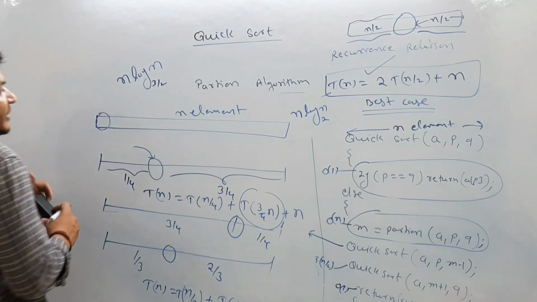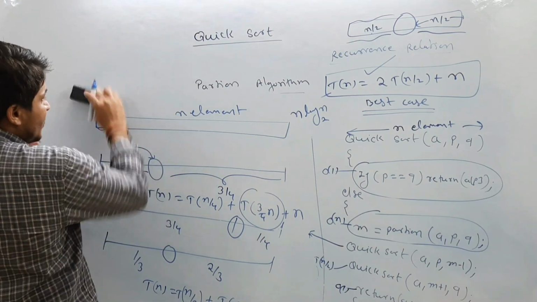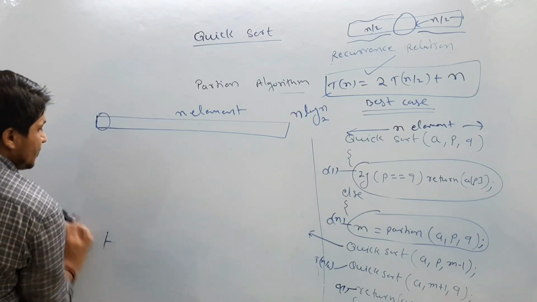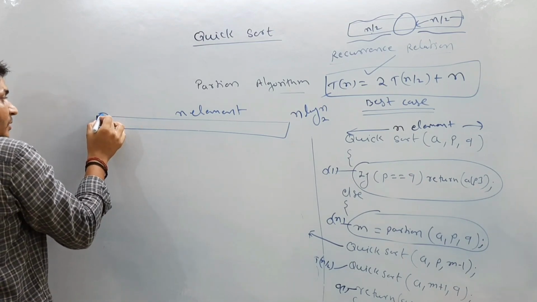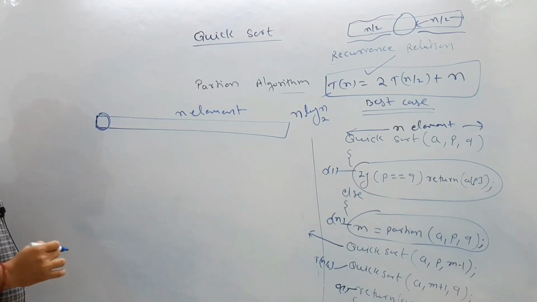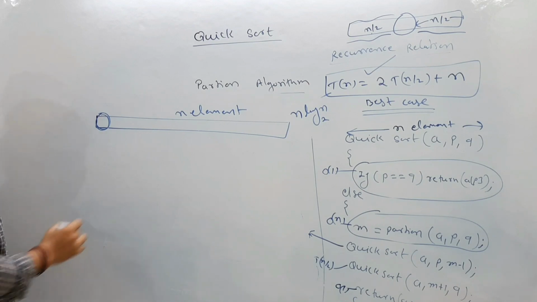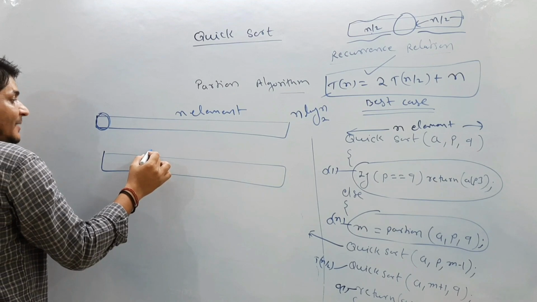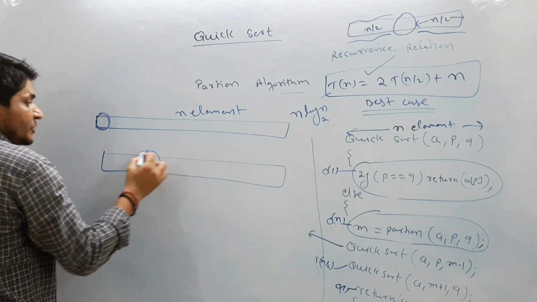Let me give you one more example. Let's suppose you are assuming the first element as the pivot element, and after partition that pivot element reaches its correct position.